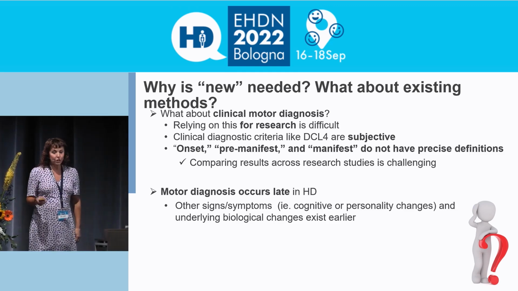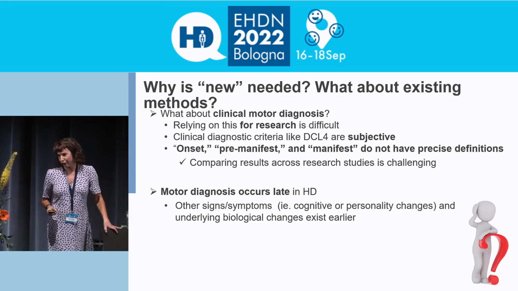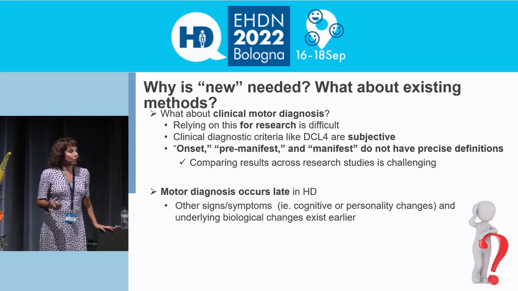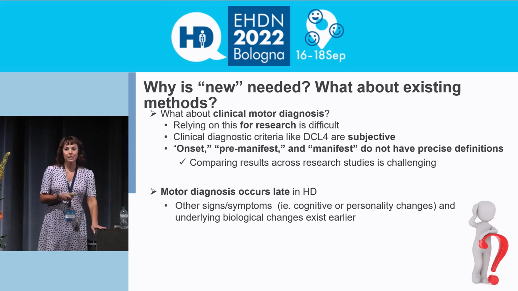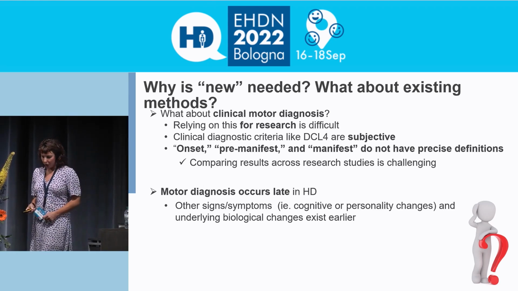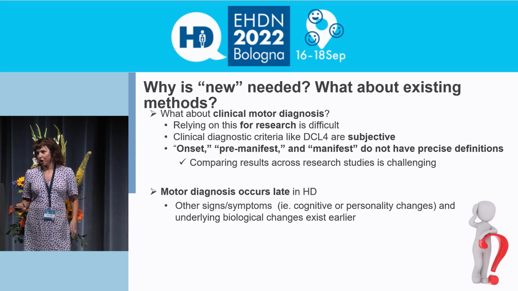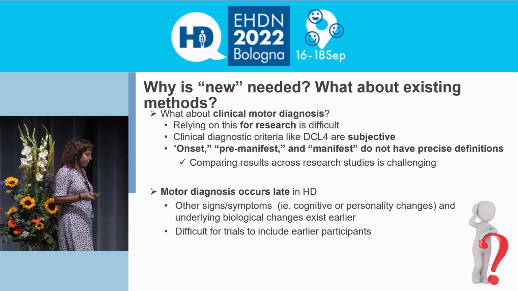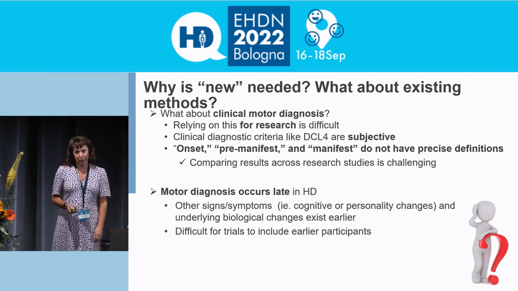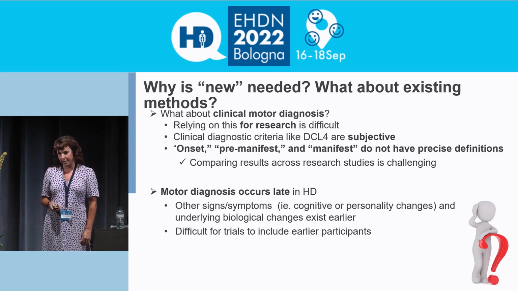And we know that other signs and symptoms, as patients and families have been telling us for a long time, occur, and underlying biological changes exist, as colleagues have presented this morning and yesterday, much earlier. It's difficult currently to include participants earlier in the disease state in trials.